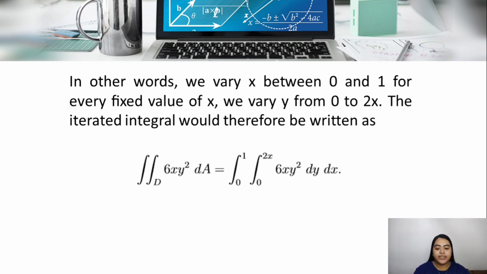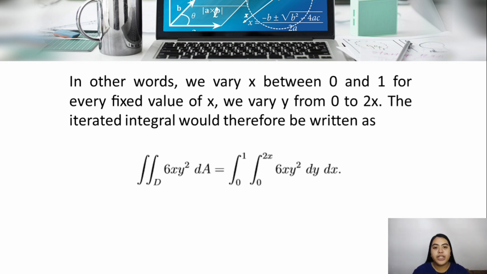The iterated integral would be written as the double integral over region D of 6xy squared dA equals the integral from 0 to 1 of the integral from 0 to 2x of 6xy squared dy dx. Notice the order in which the integrals are written, with the x integral on the outside and the y integral on the inside.